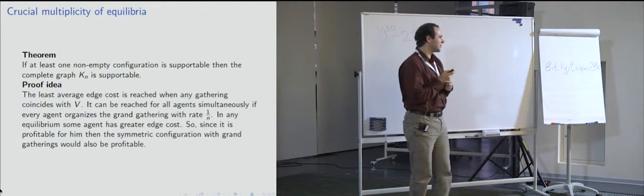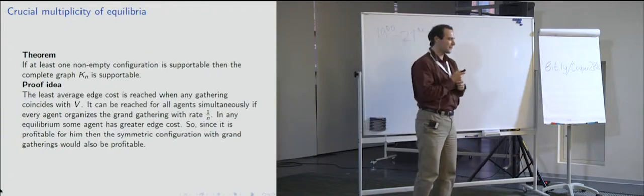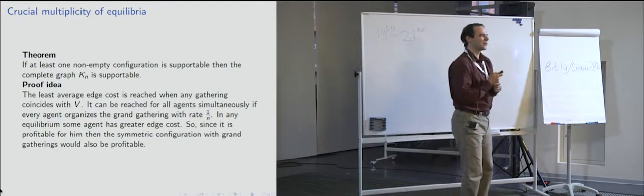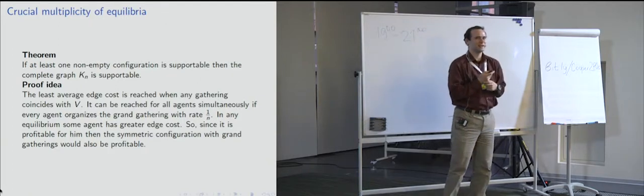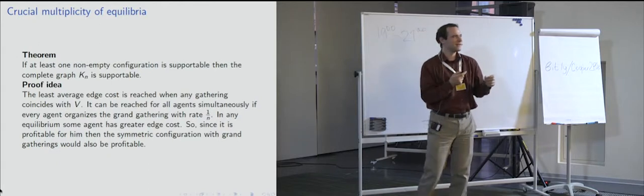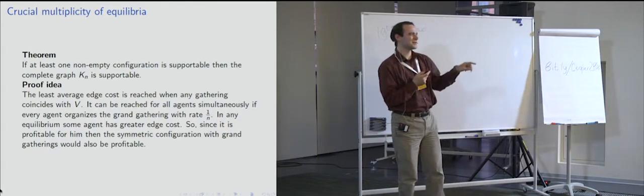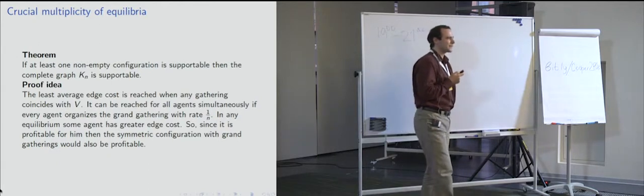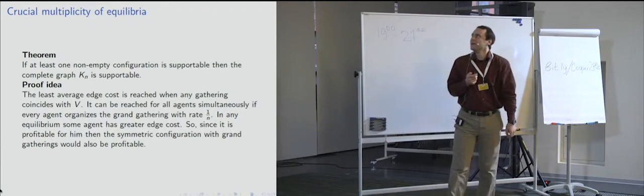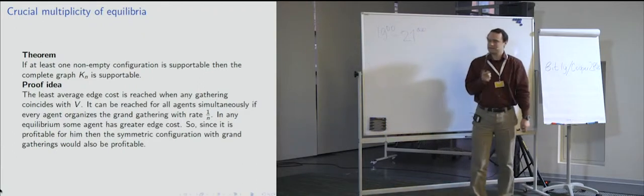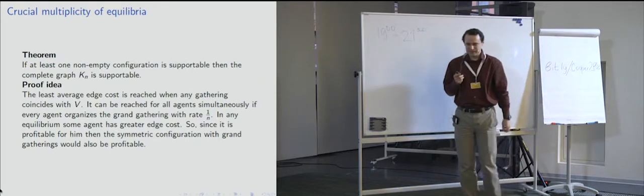If you form a gathering of k agents, then the cost is proportional to k, and the number of connections is proportional to k squared. Okay, so this is the main idea.